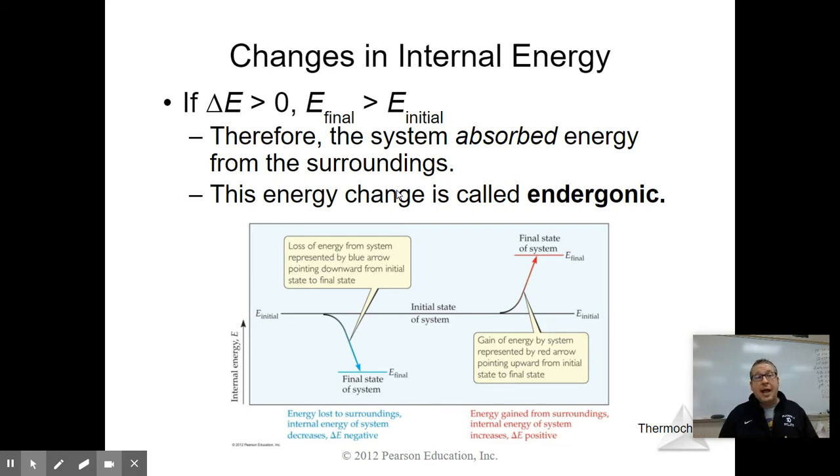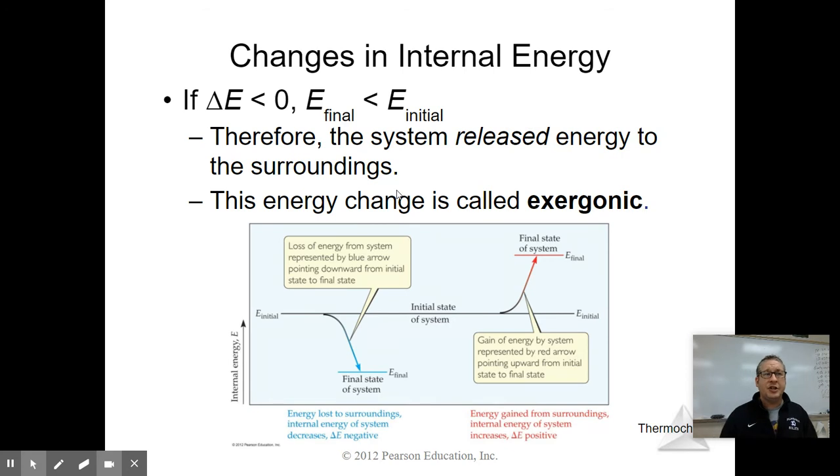When this process happens, this energy change is called endergonic, okay? There's going to be a handful of terms that we're going to see today that are going to be very similar, but we don't necessarily focus our attention on these first two as much as our second two definitions, but it's still a very important term here, okay? This change in energy, when we have an increase in internal energy, it's an endergonic process.